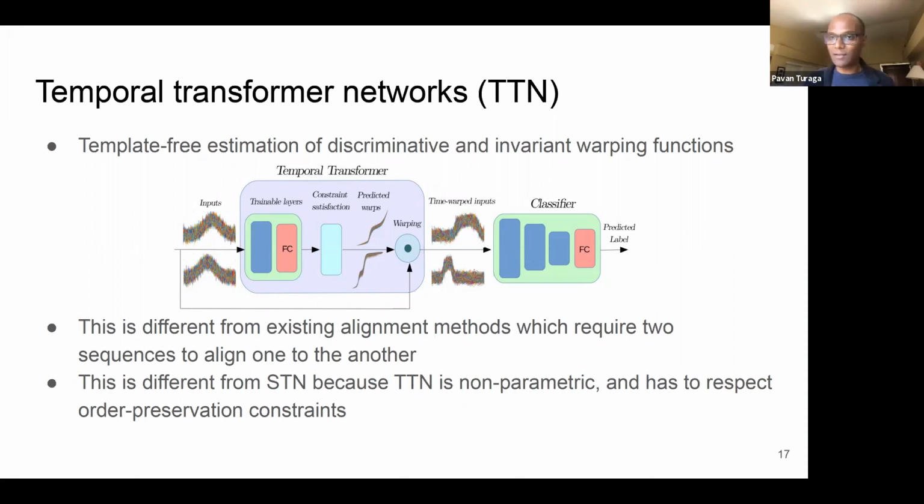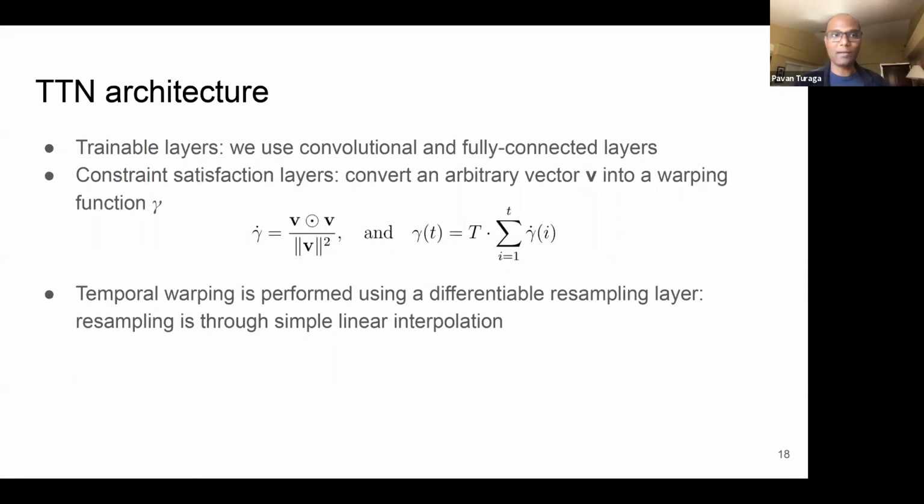I like to call this the Fisher's linear discriminant version of time warping. It has learned to apply a discriminative warp given a time series such that classification accuracy is maximized. Why it's done it, how it's done it is not clear, but it's very robustly working that way.